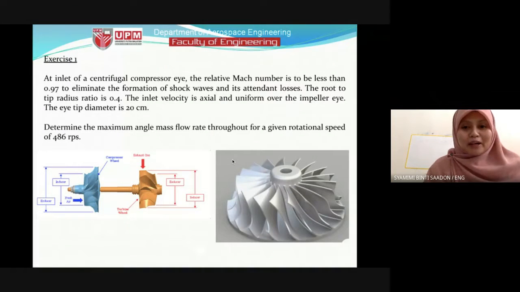Relative Mach number. When we say relative Mach number, it concerns what I mentioned: for compressors and turbines, we consider the velocity triangle. When we want to evaluate the performance, we want to calculate the velocity in the compressor and turbine. We characterize them in terms of a velocity triangle.